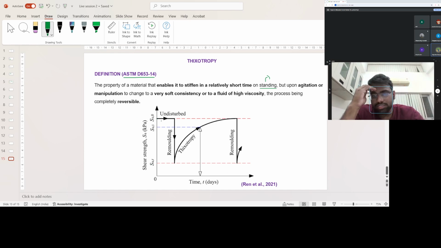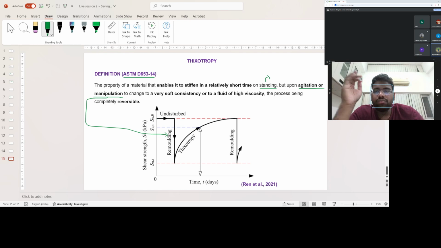Unless the soil is disturbed, its strength is not varying. When we are remolding it, which is similar to agitation or manipulation, its strength drastically decreases and, in the case of bentonite, it starts to behave as a fluid.